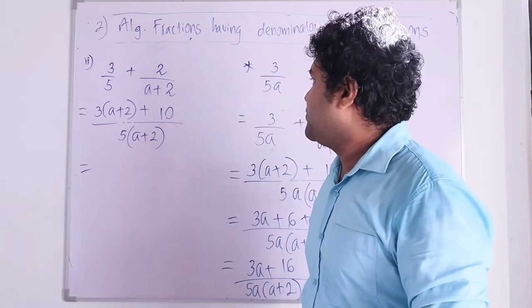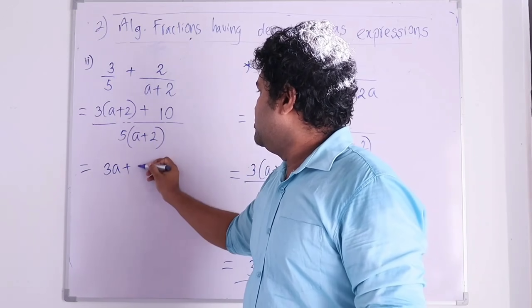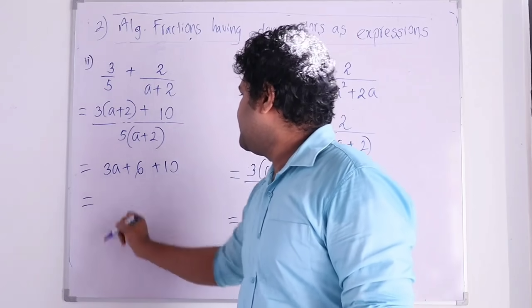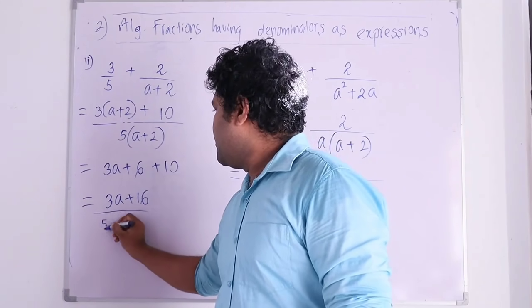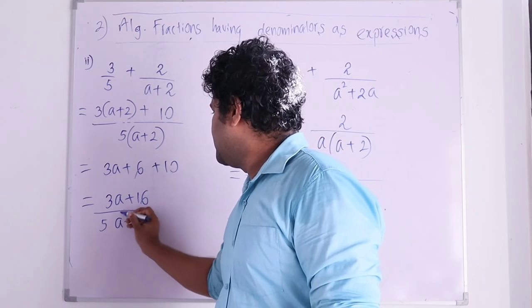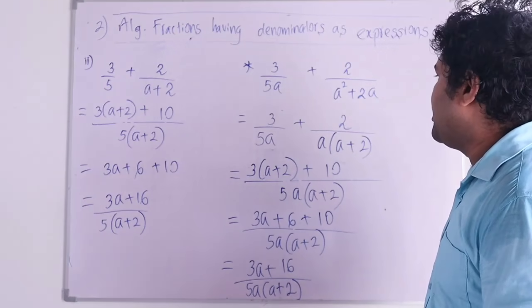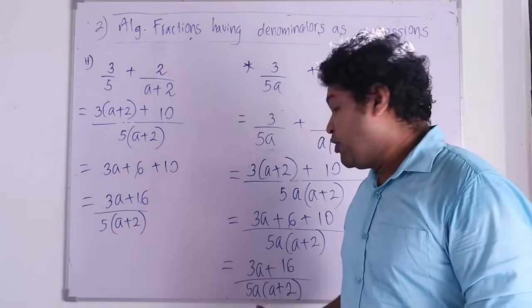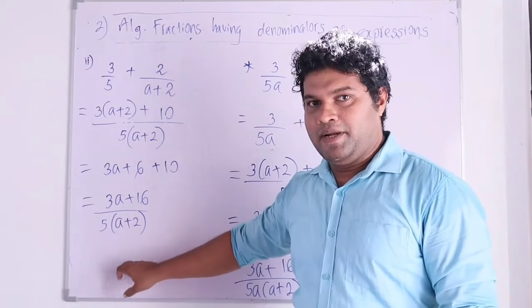And what's the answer? 3 times a, 3a, and 3 times 2, 6, and this is 10. The answer is 3a plus 16 over 5 times a plus 2. The one and only change is that the denominator had been multiplied by simple a, other than the first one.